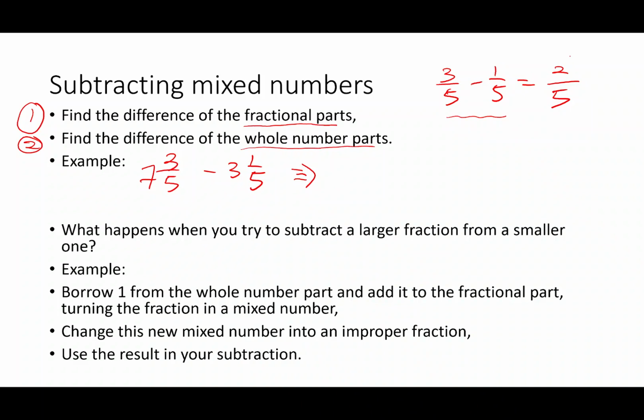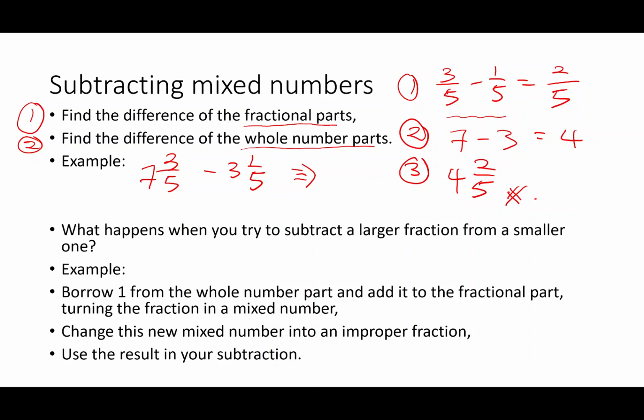So this will be the first step. The second step is to work on the whole number parts. 7 minus 3 gives us 4, then the total answer will be 4 2 over 5. So that is the way to do subtraction for mixed numbers.